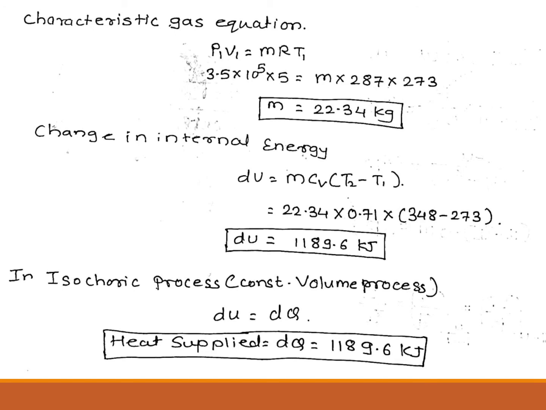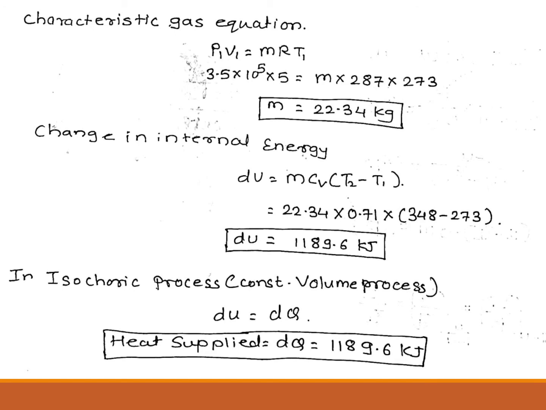The characteristic gas equation is PV is equal to mRT. For the first point, P1 V1 is equal to m R T1. In this formula only m is unknown. After putting the values in this formula we get m is equal to 22.34 kg.